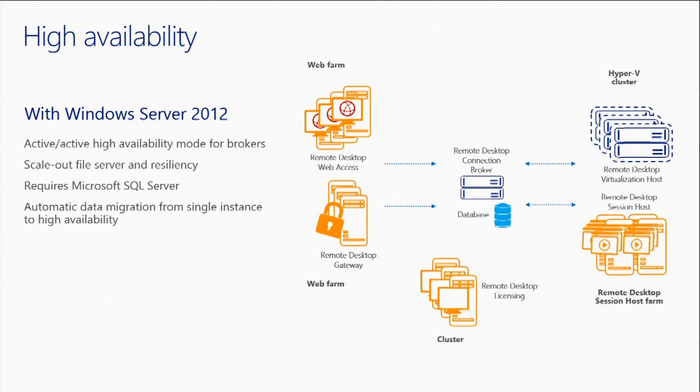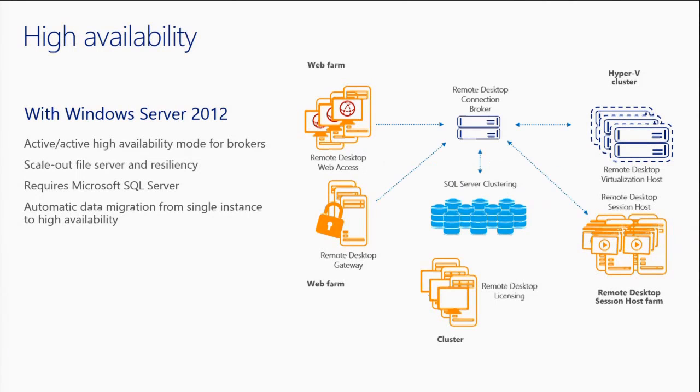Now, previously, in 2008, all of these were highly available because we could basically cluster them. We could either build a farm for our web servers or our gateway servers. We could do an active-active cluster for our licensing servers if we wanted to. But the remote desktop connection broker was always a single point of failure. We couldn't do an active-active cluster of that thing.